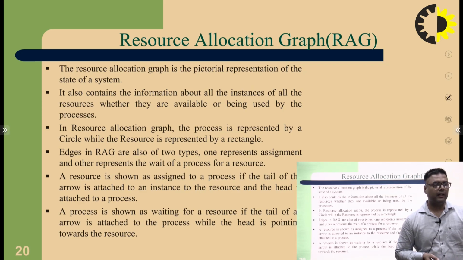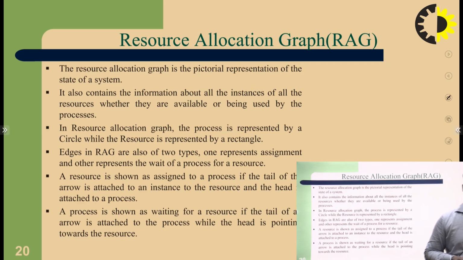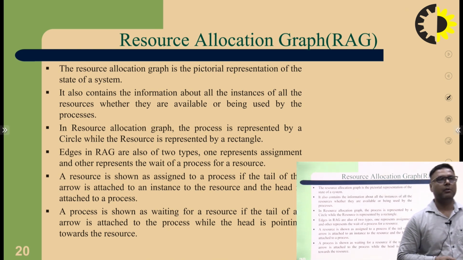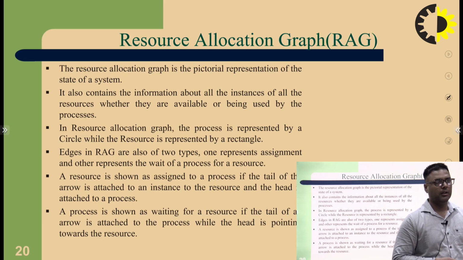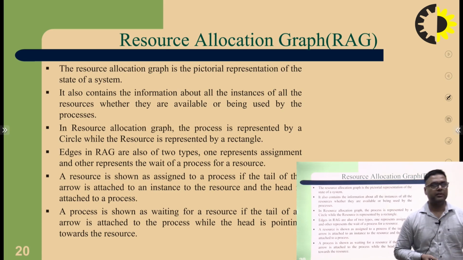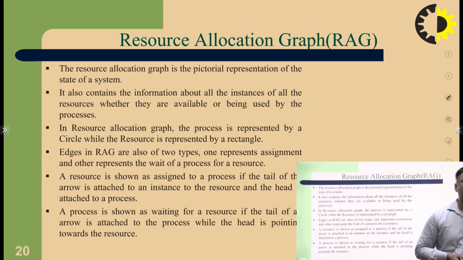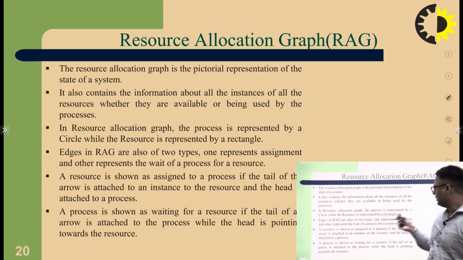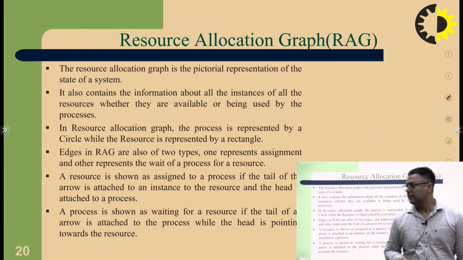It also contains the information about all the instances of all the resources, whether they are available or being used by the processes. In the resource allocation graph, the process is represented by a circle, while the resource is represented by a rectangle. You already saw this in the pictures on the previous slide.